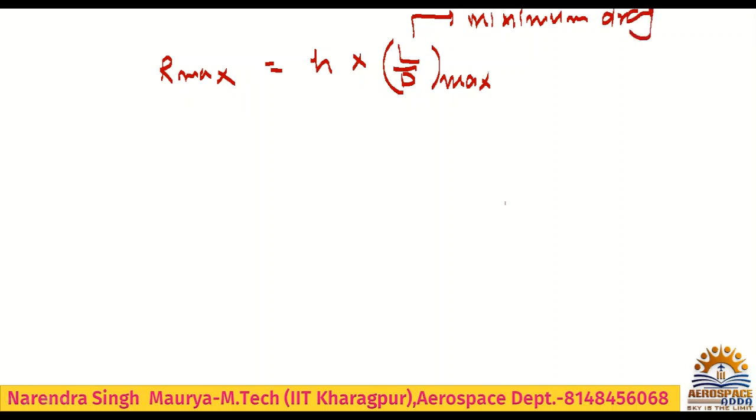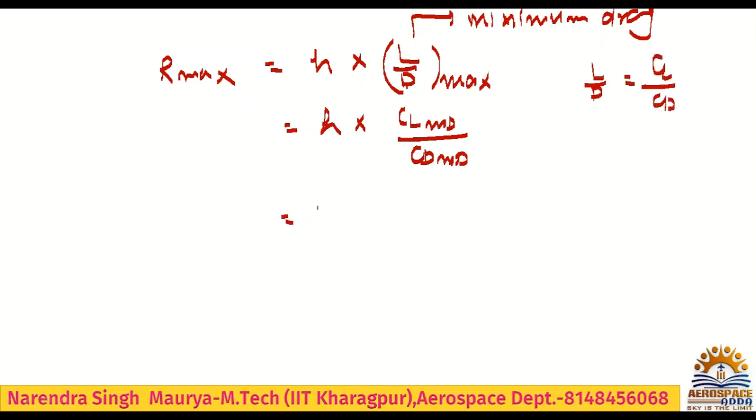Why it is called L by D max, minimum drag? Because if drag is minimum, then only L by D will be maximum, right? That's the reason it is called minimum drag. So it is nothing but H L. I told you you can write CL MD minimum drag, and CD minimum drag. L by D you can write CL by CD.